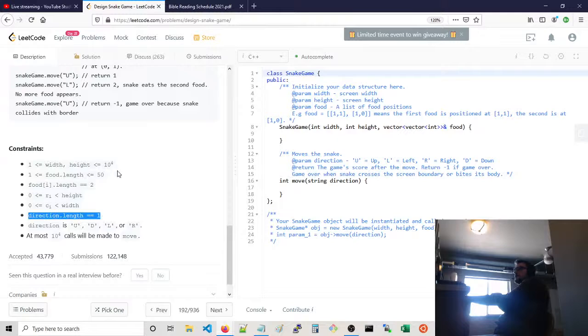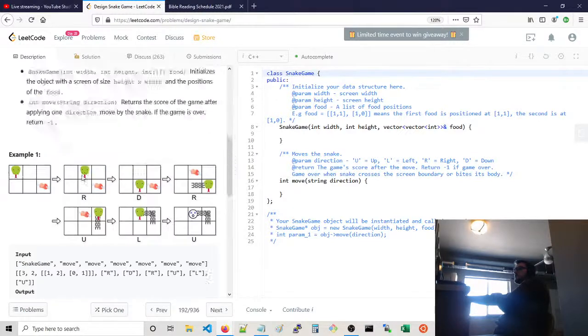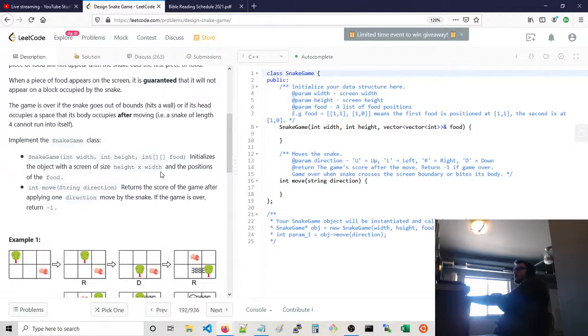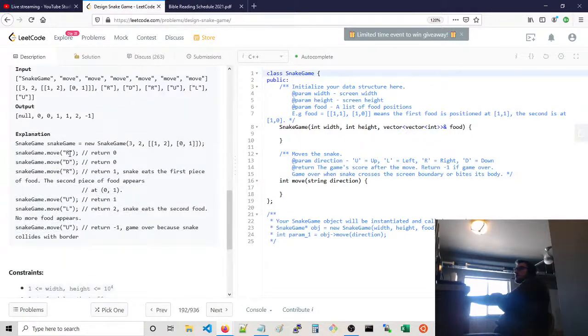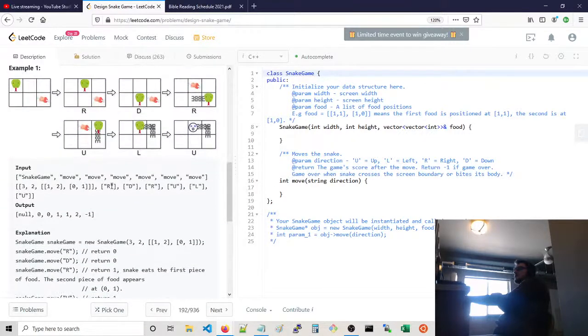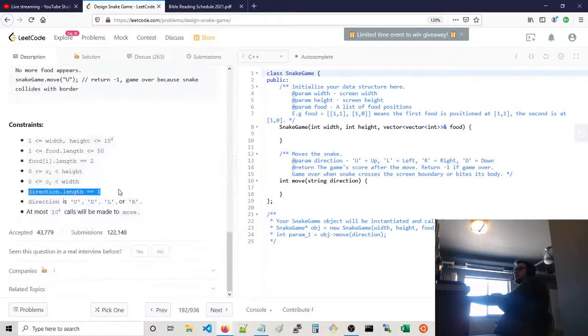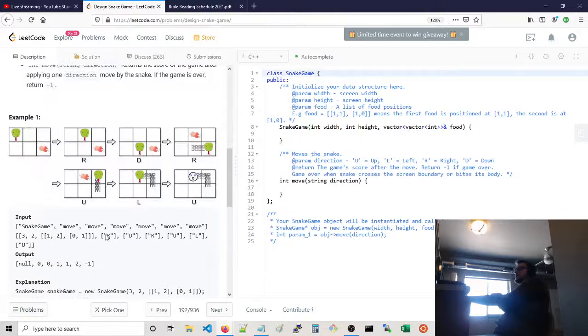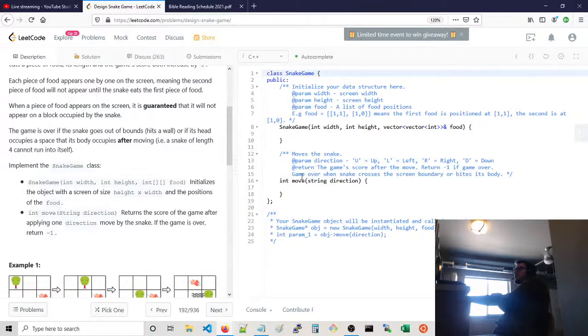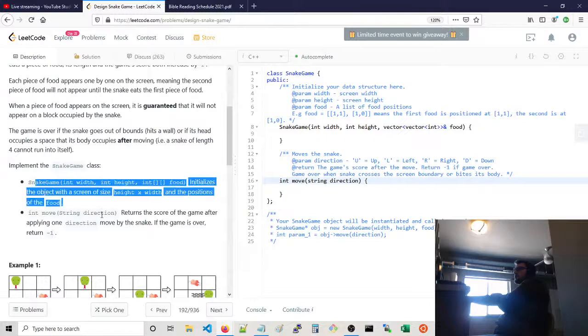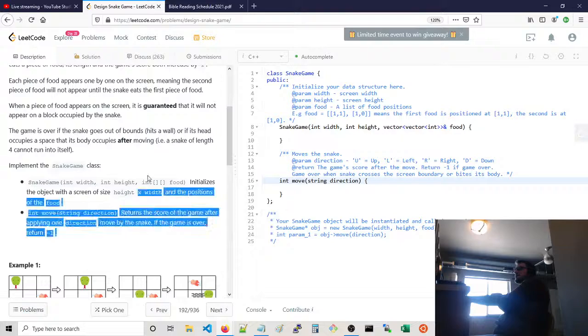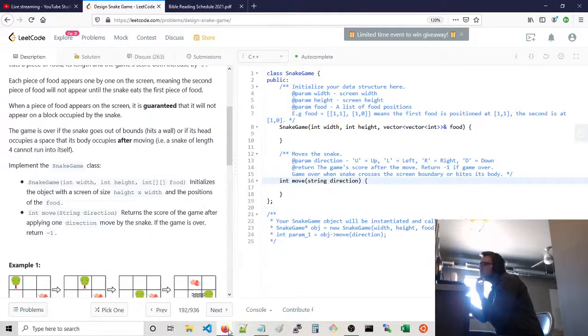Direction length is 1. What is direction? Okay, direction is a character of up, down, right, left, one of these 4 characters. And at most 10 to the 4th calls will be made to move. Interesting. And what does this return? The move returns the score of the game, and if the game is over, return -1. Okay. All right, pretty neat.